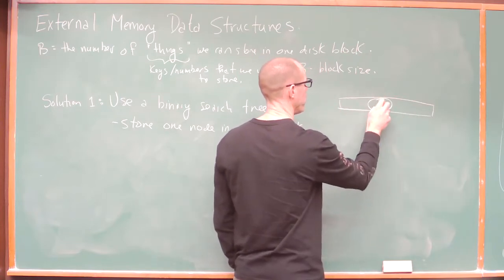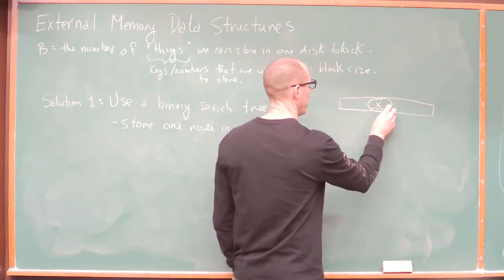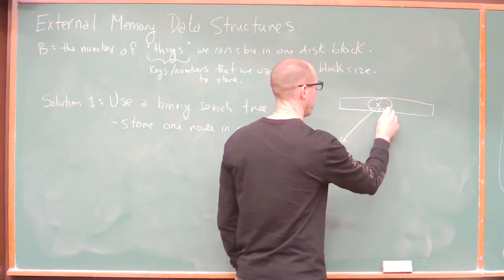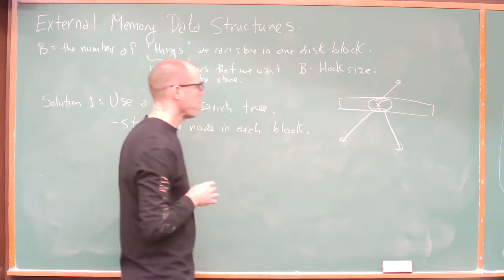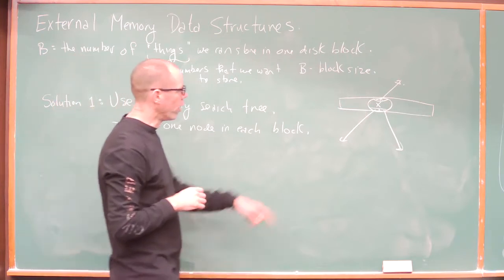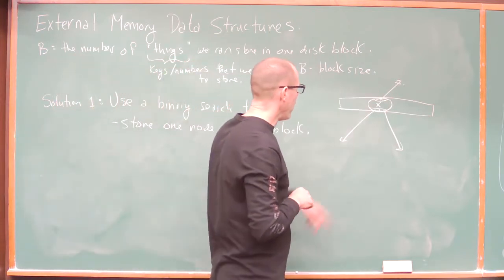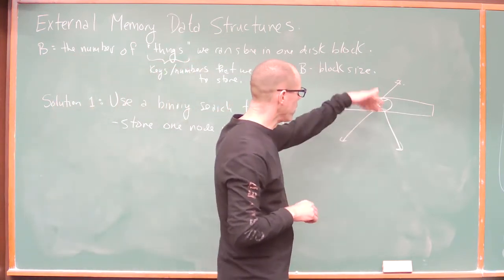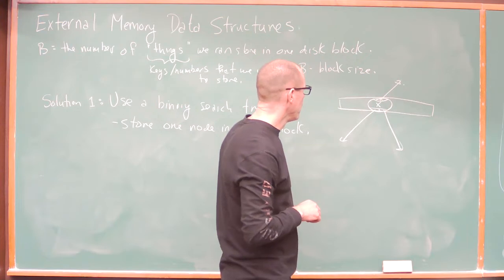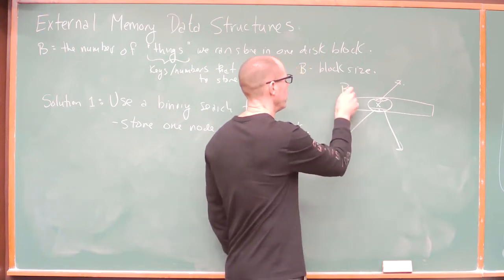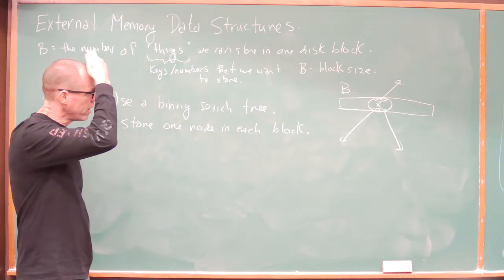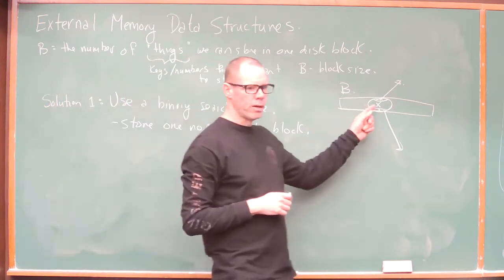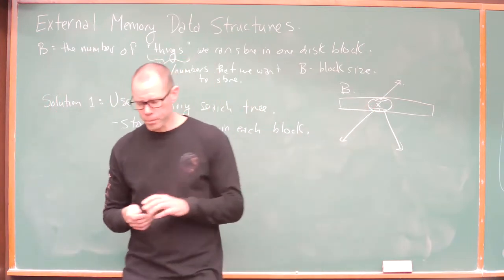Remember, a binary search tree node has a value x, and then a couple of pointers to the left child and right child, maybe a pointer up to the parent. That's only 4 things. One of them is the kind of number we want to store. The other ones are pointers. So if B is big, and typically it is, then there's no problem storing one node in a block like this.